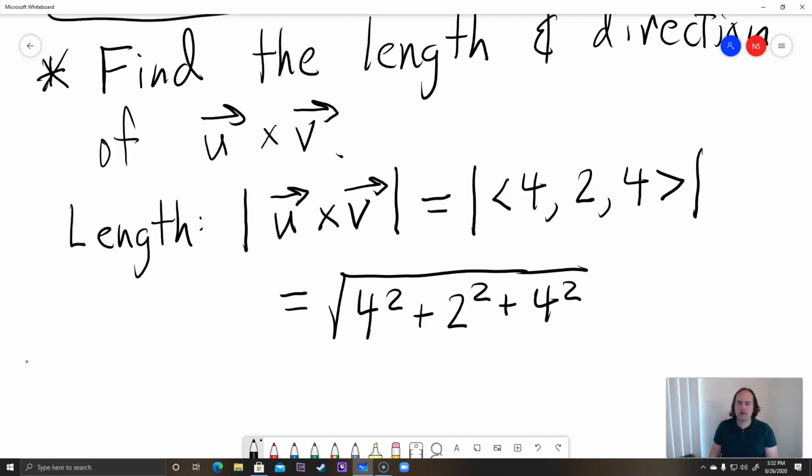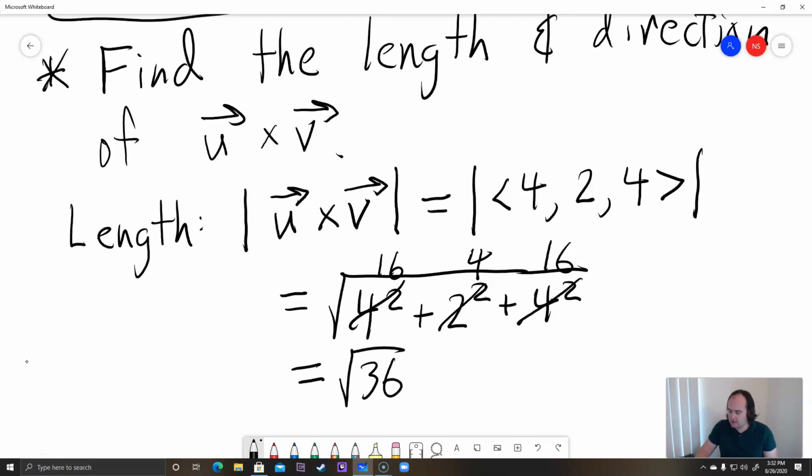Okay? And then simplifying that, we know that 4 squared is 16, 2 squared is 4, and this 4 squared is also 16. So we have 16 plus 4 is 20, plus 16 is 36. So for this problem, we actually have the square root of 36, which everyone should know is 6.